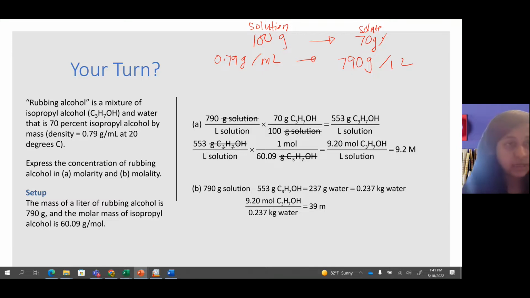Express the concentration of rubbing alcohol in molarity and molality. We are given the mass of a liter of the alcohol solution is 790 grams. And we need the molar mass of the isopropyl alcohol. It is 60.09. So we'll get the mass of the solute first.